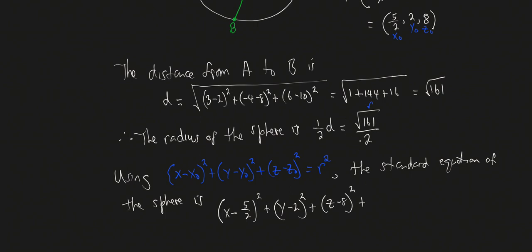But when I square the radius, what happens is the root in the numerator goes away, and this should be an equal sign. So we'll have 161, and then divided by, when we square the denominator, we end up with 4. And what we're using right here is the property that a over b squared is a squared over b squared.